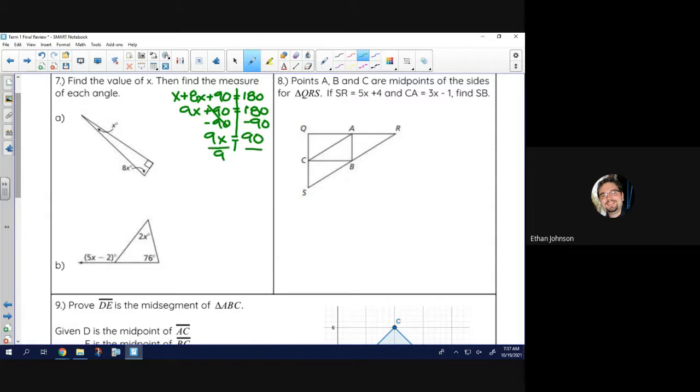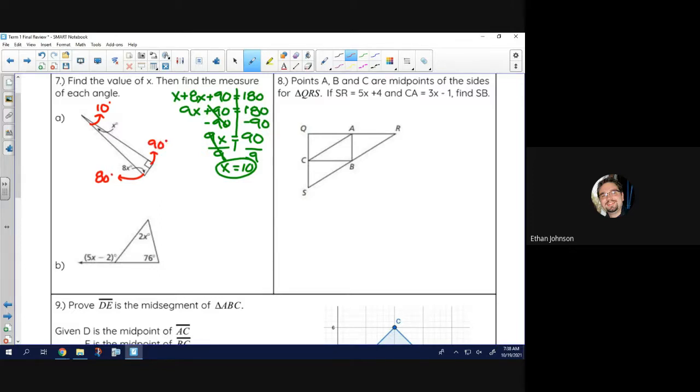Divide by 9, x equals 10. But then it says find the measure of each angle. So I know this angle here is x, so this is 10 degrees. Angle here is 8x, or 80 degrees. And that angle has to be 90 degrees.